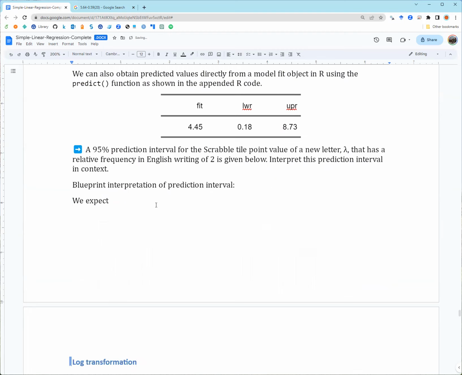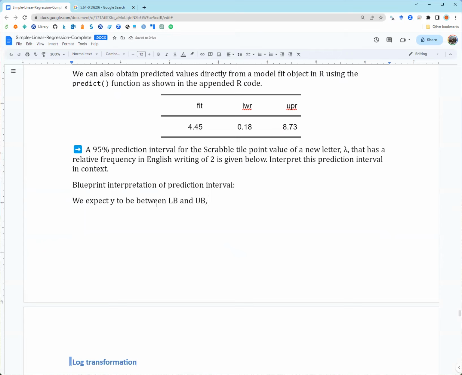We expect y to be between the lower bound and the upper bound values.